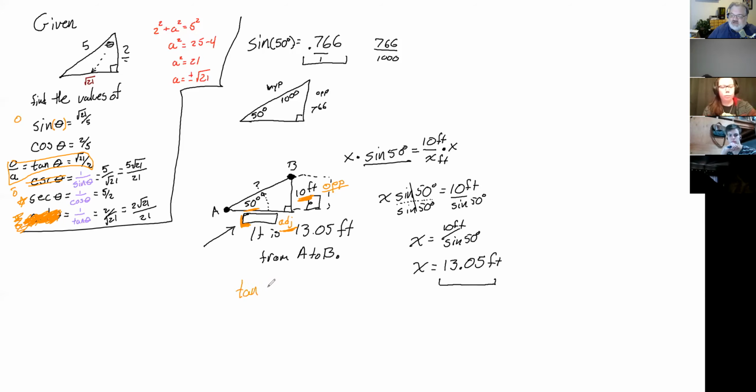That would be the tangent of 50 degrees is equal to the 10 feet, the opposite, in ratio to that adjacent side, which I'm going to call little b. This is a good convention to know right off the bat.